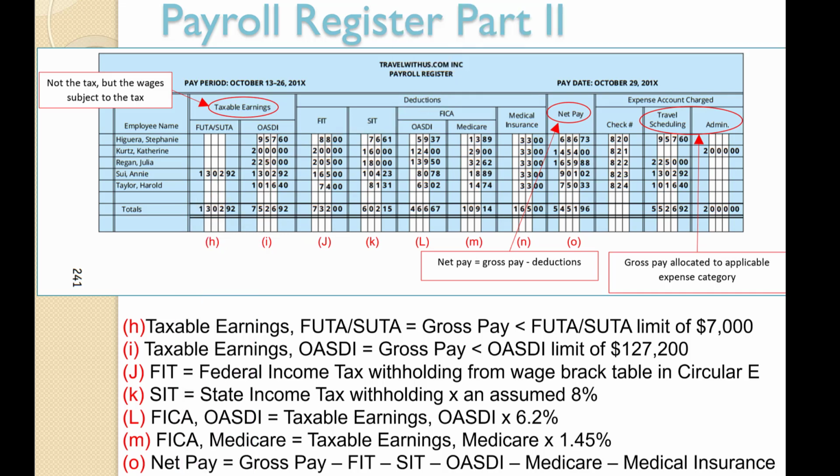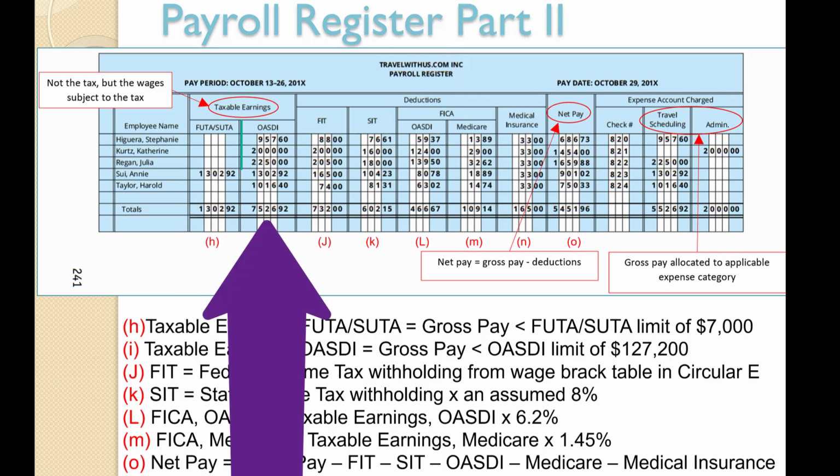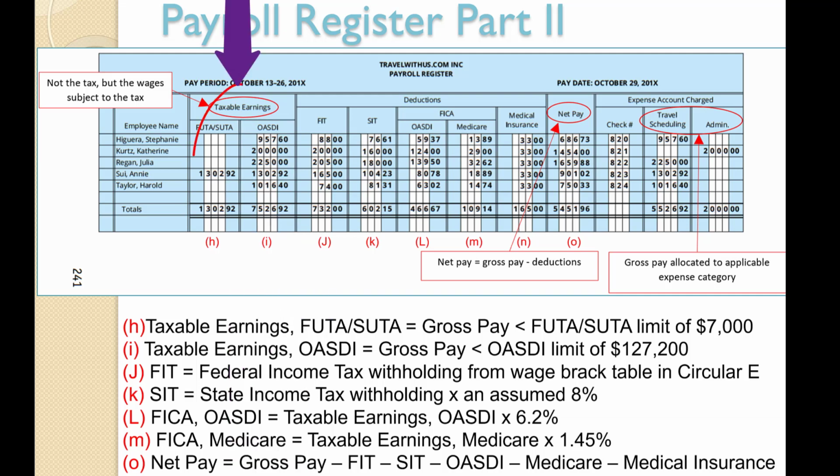And then under the taxable earnings, we also have a column for ASTI. Any payroll tax that has a wage base, you're going to need a taxable earnings column for, just to calculate how much of their earnings for this pay period is subject to those taxes.